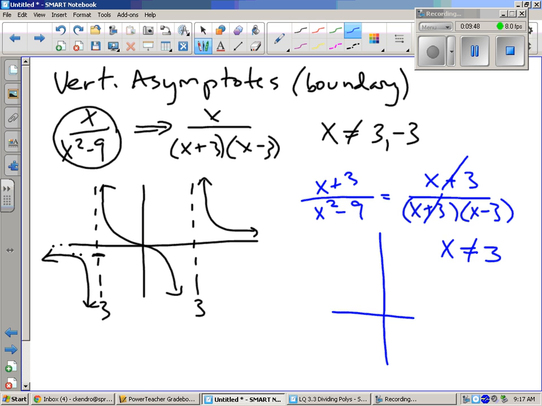So this graph is going to look a little different. You're going to have your vertical asymptote at 3, and the graph itself is going to look something like this. Again, we're going to use our graphing calculators to help us out with that. Okay, so similar functions, but the graph comes out completely different.